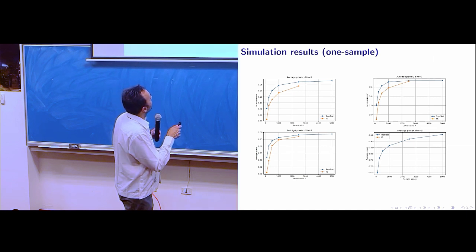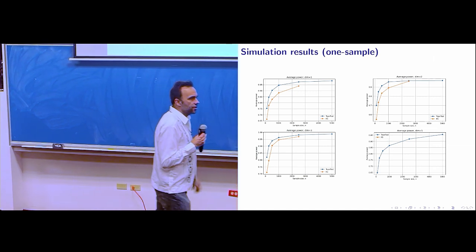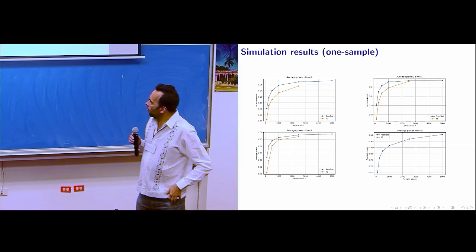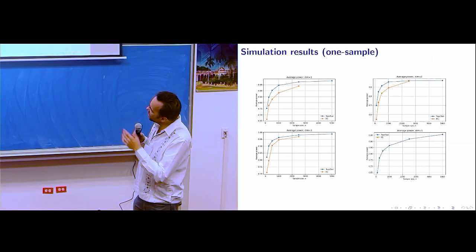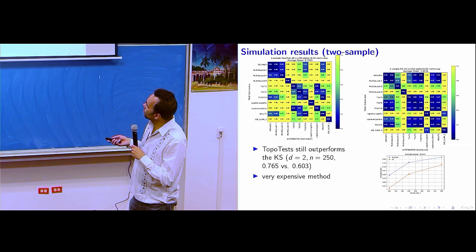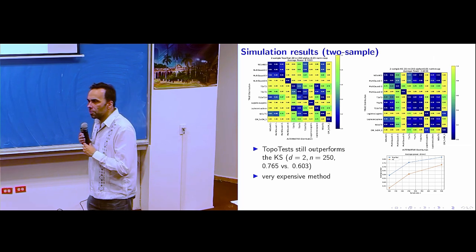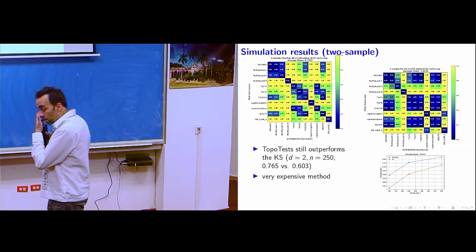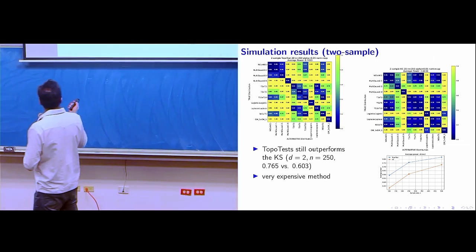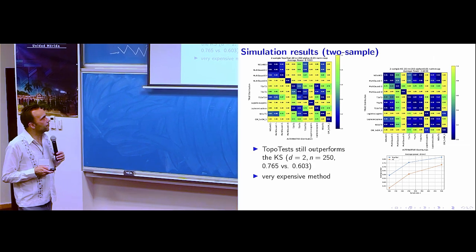I think there was some mistake over here. We are always above Kolmogorov-Smirnov. So this is the general trend, regardless of the distributions. And yeah, a similar story also holds for the 2 sample problems. I won't go too much into detail, just to mention that 2 sample is very expensive.